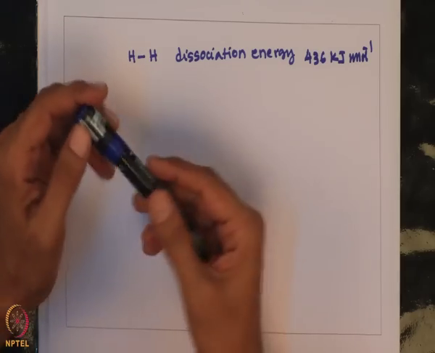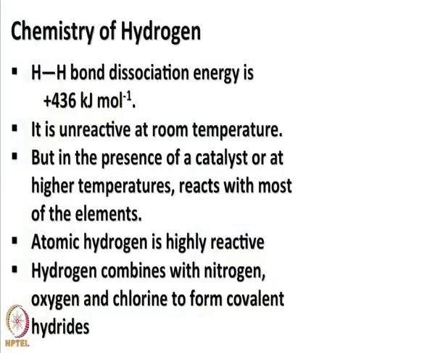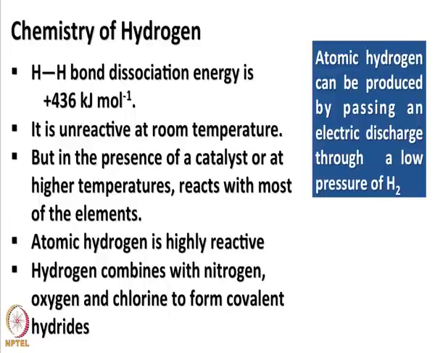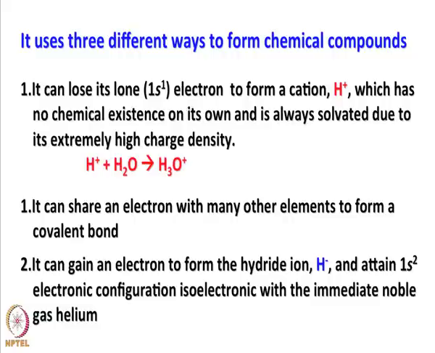That means it is not very easy to break the H-H bond. It is unreactive at room temperature, but in the presence of a catalyst or at higher temperature it reacts with most of the elements. Atomic hydrogen is highly reactive and it combines with nitrogen, oxygen and chlorine to form various covalent hydrides. Atomic hydrogen can be produced by passing an electric discharge through a low pressure of H2.